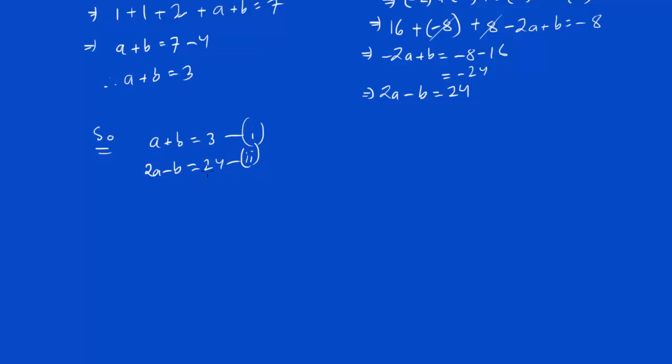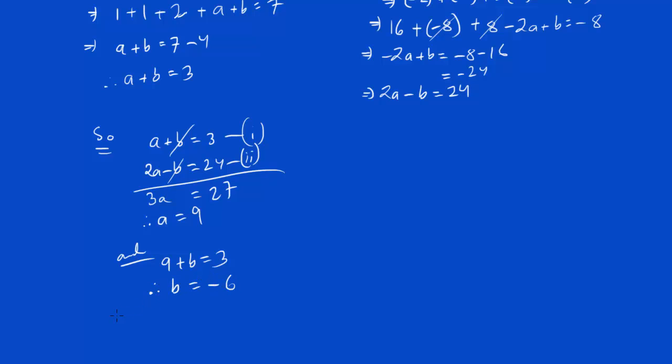This is still part of question B. So when we cancel plus b and minus b, we can add this up as 3a, which equals 24 plus 3, which is 27. Therefore a equals 9. And we can put the value into a plus b equals 3. Therefore b equals minus 6. So the answer is a equals 9, b equals minus 6.